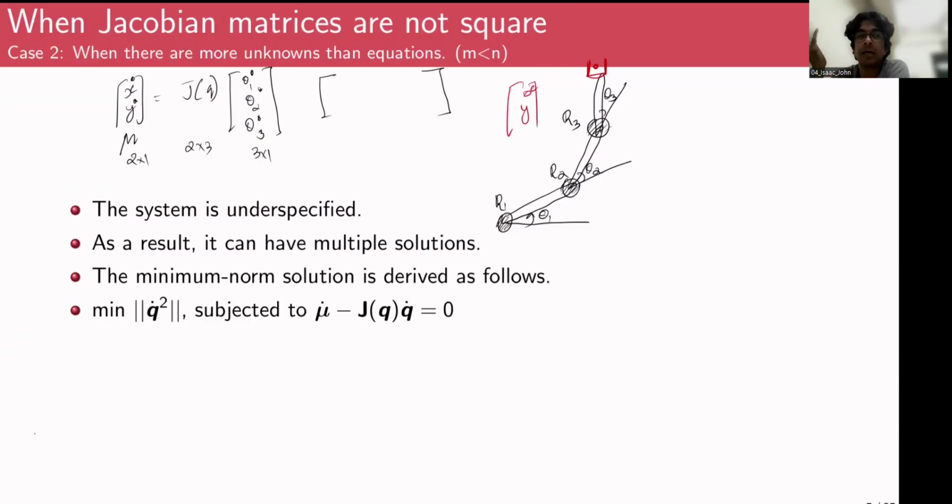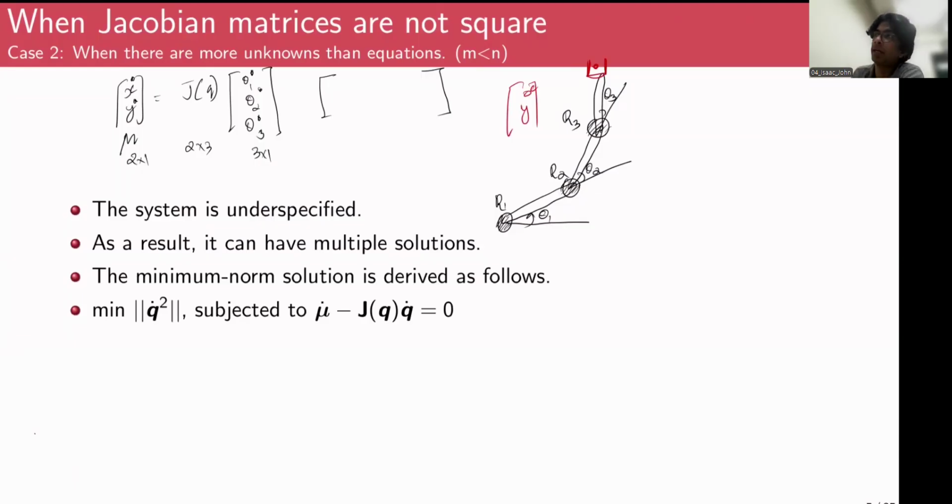So, in essence, when the number of equations is less than the number of unknowns, it can have multiple solutions. And in a lot of cases, it can have an infinite number of solutions, just like when two planes intersect, there are infinite points lying along a line where these two planes intersect.